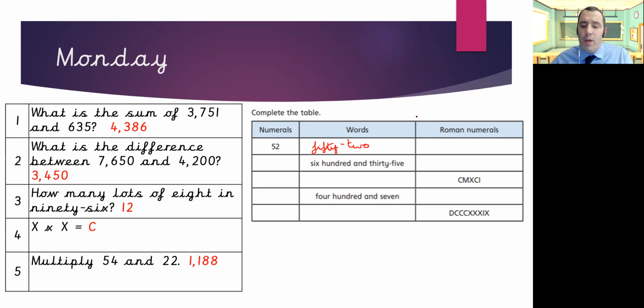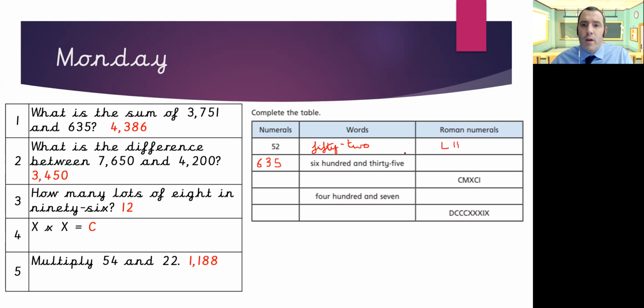And then in Roman numerals, we need to remember L is 50 and I makes 2. Our second row, 635. It would be 6, 3, and 5.